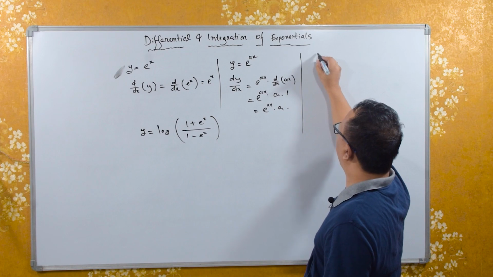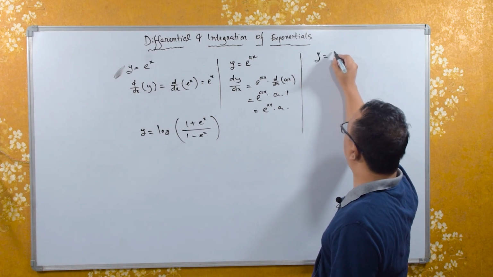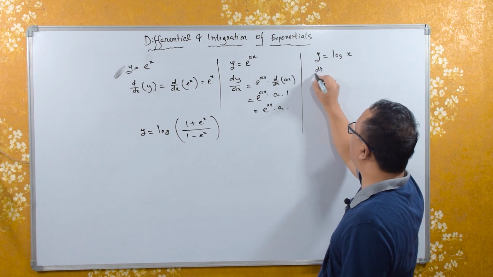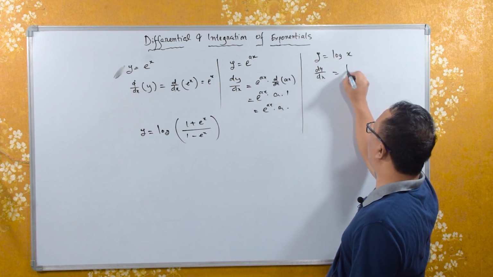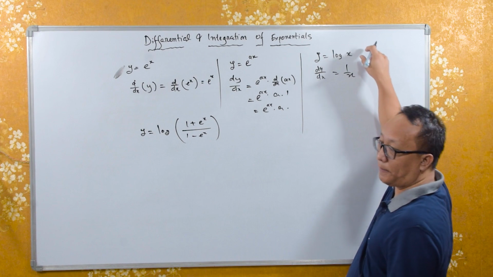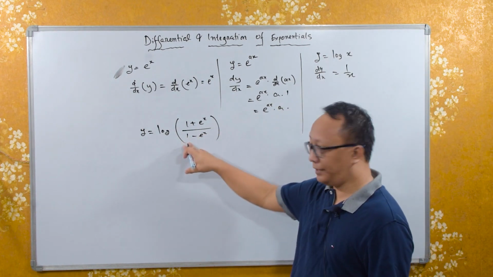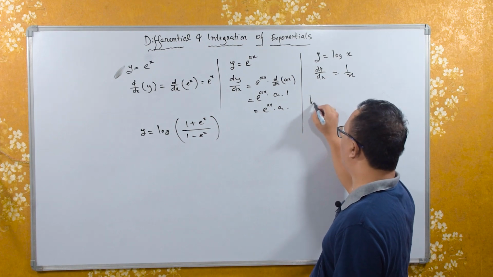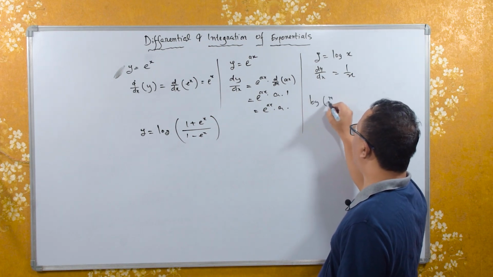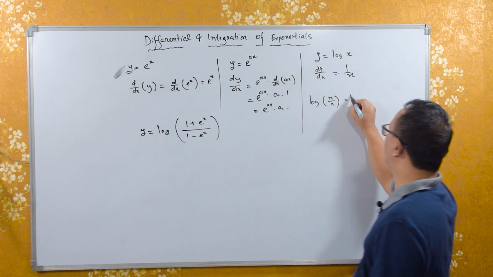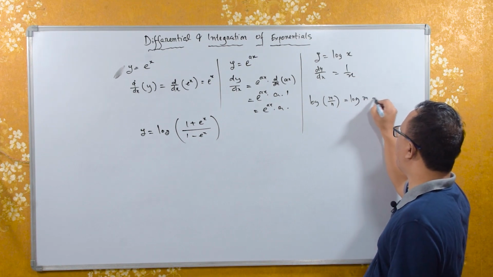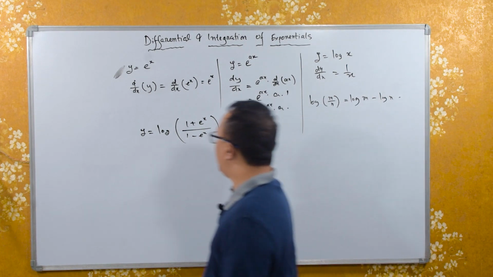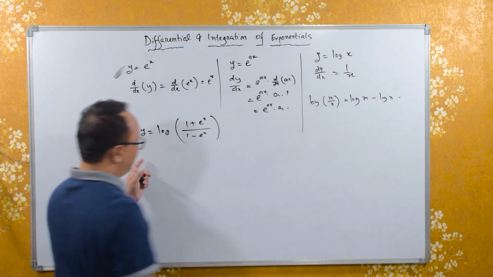That is, if y equals log of x, then dy by dx is 1 by x. This formula we can use over here, or we can use the log property, that is log of m upon n equals log of m minus log of n.